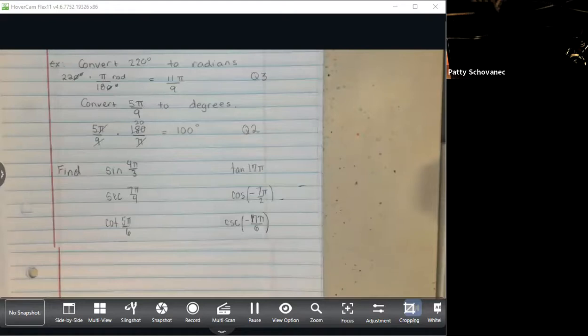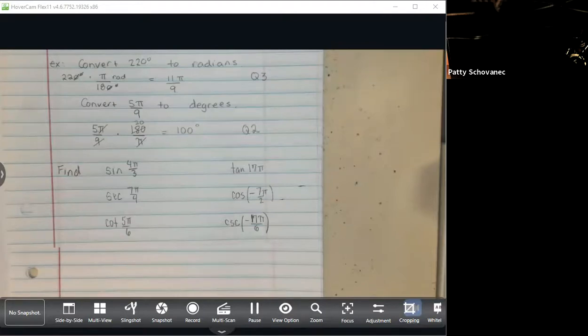So I want this kind of question to be just as easy for you as the converting from degrees to radians type thing. I don't want this to bother anybody. All you have to do is know that part of the unit circle and then figure out what quadrant these are in. You're going to give me the exact value.